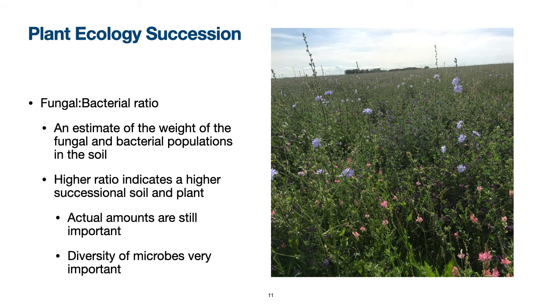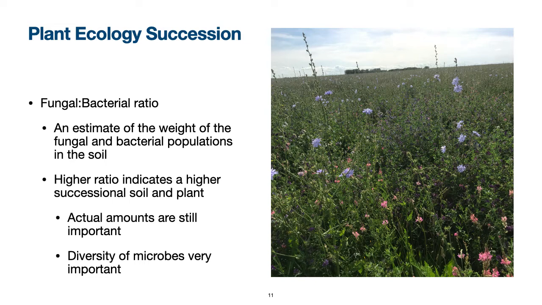One of the ways to measure soil health is to measure the fungal bacterial ratio. And this is an estimate of the weight of the fungal and bacterial populations in the soil. The higher the ratio indicates higher successional soils and plants.